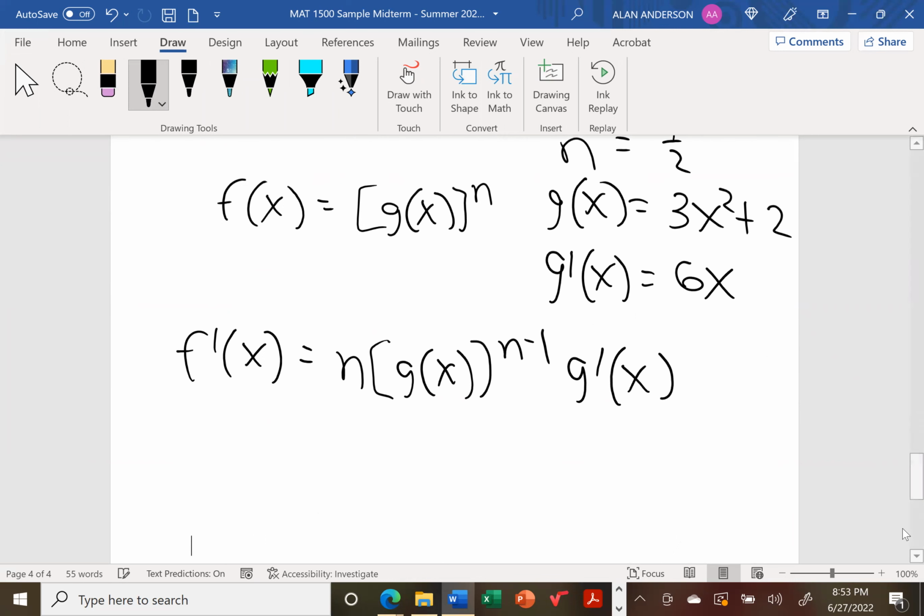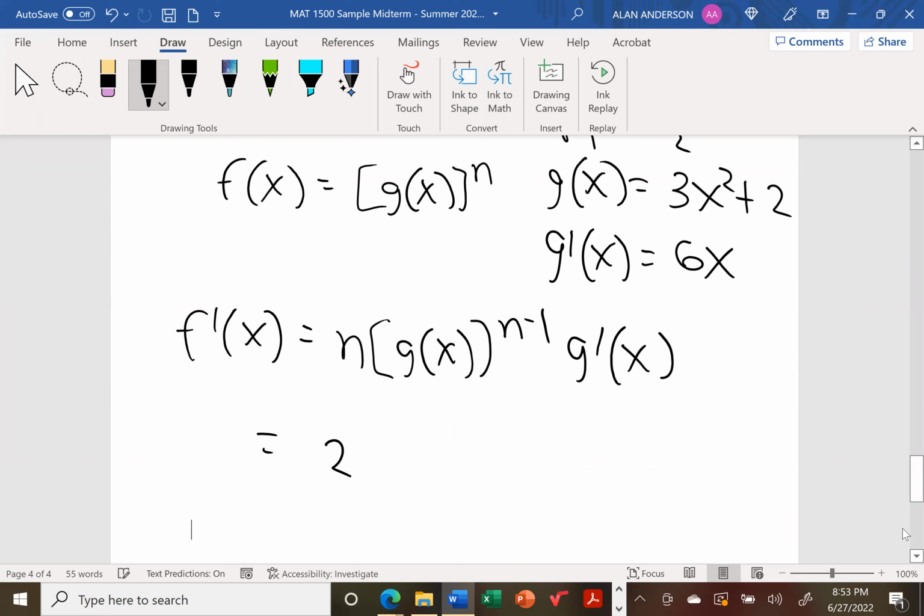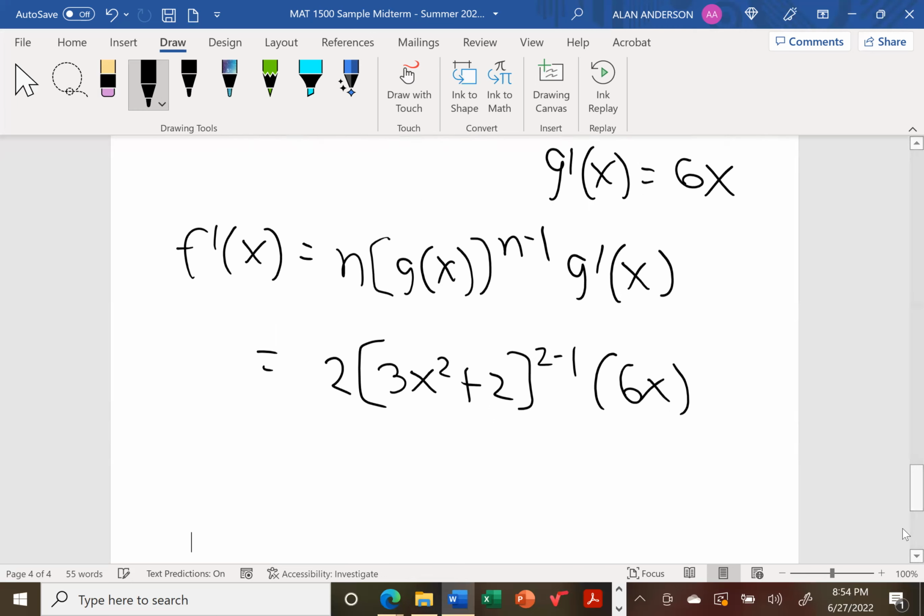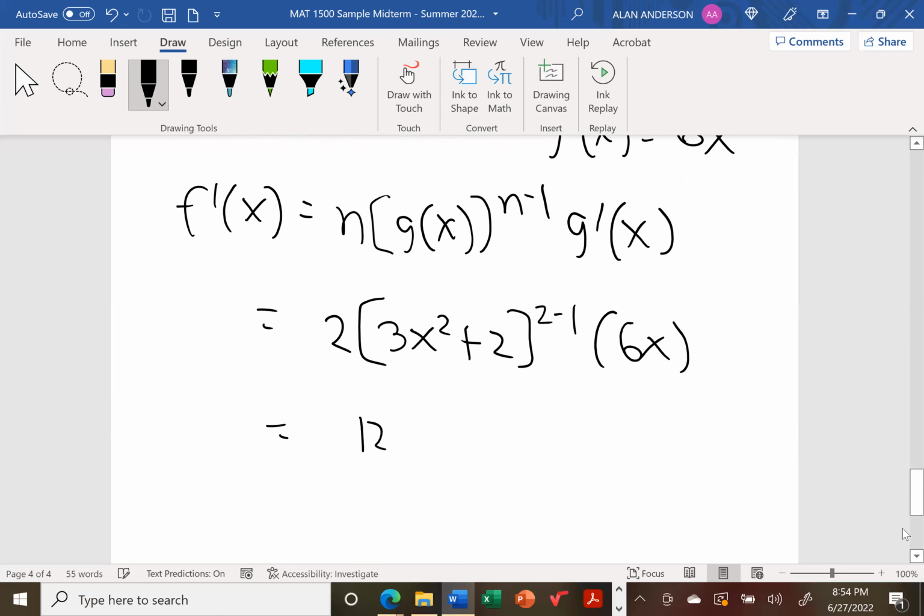And so direct substitution means we have 2, 3x squared plus 2 to the 2 minus 1 power all times 6x. And that reduces to 12x, 3x squared plus 2. We don't have to write the exponent of 1.